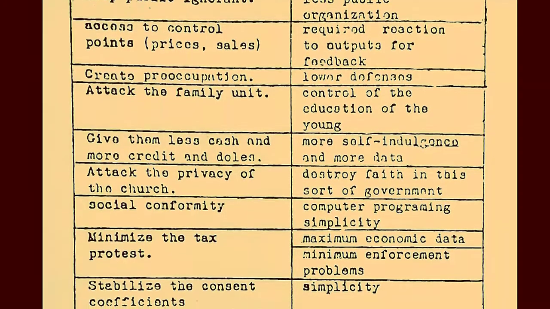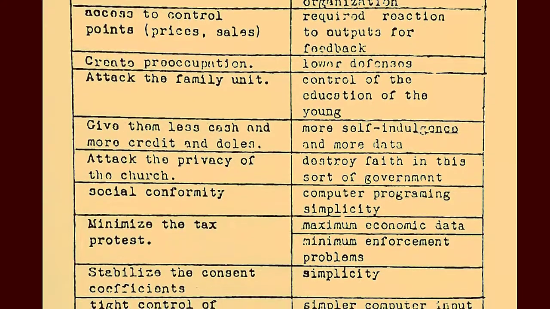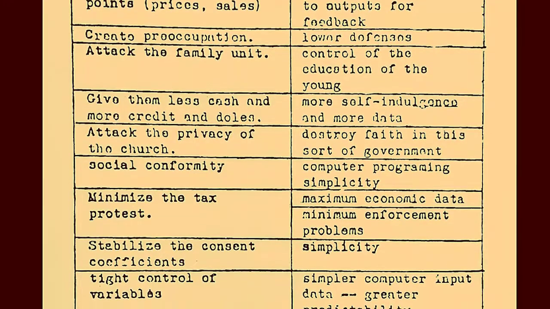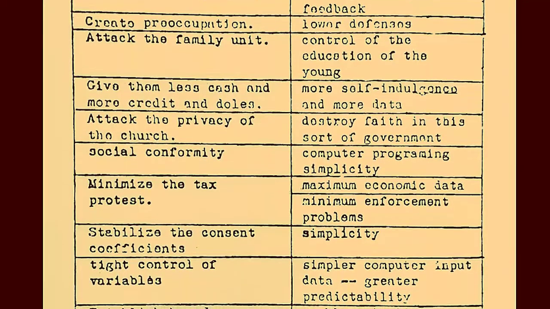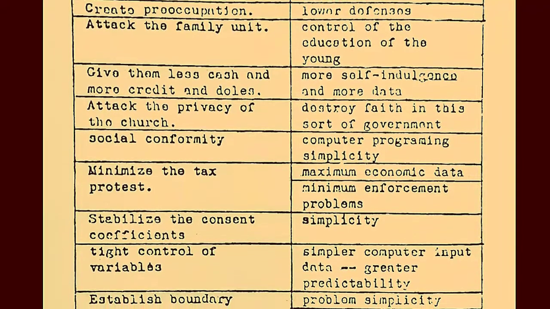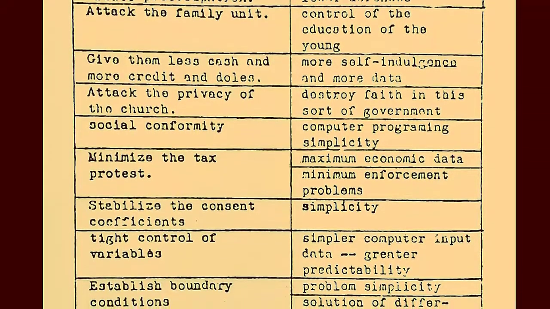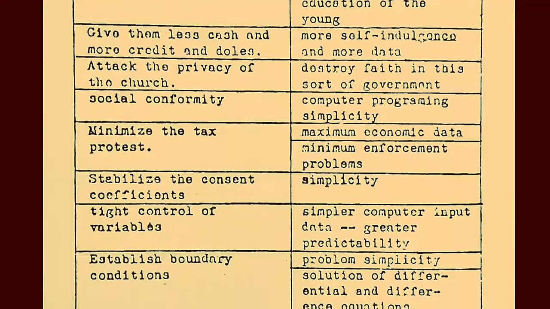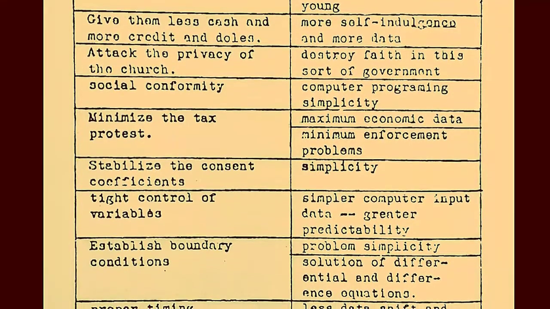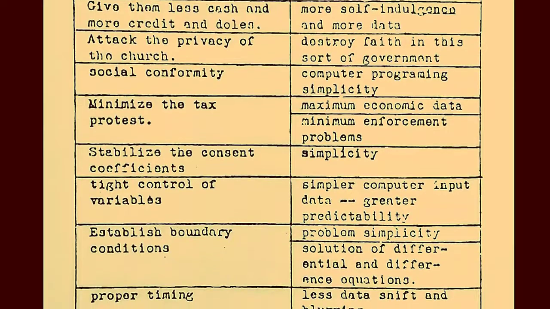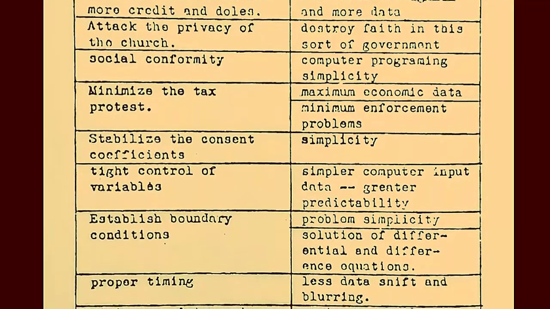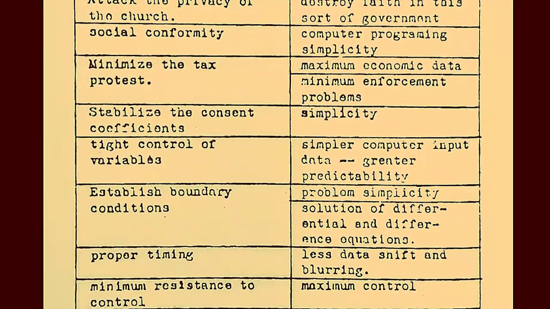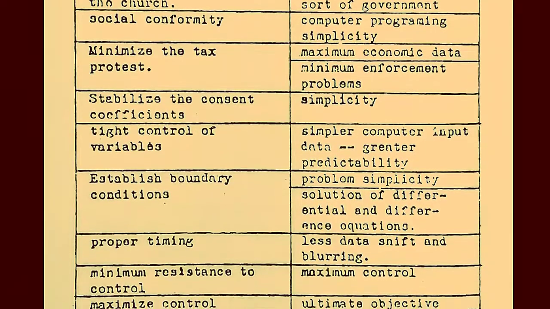Do social conformity to get computer program simplicity, get maximum economic data and minimal enforcement problems. Do stabilize the consent coefficients to get simplicity. Do tight control of variables to get simpler computer input data, greater predictability. Do establish boundary conditions to get problem simplicity and solution of differential and difference equations.